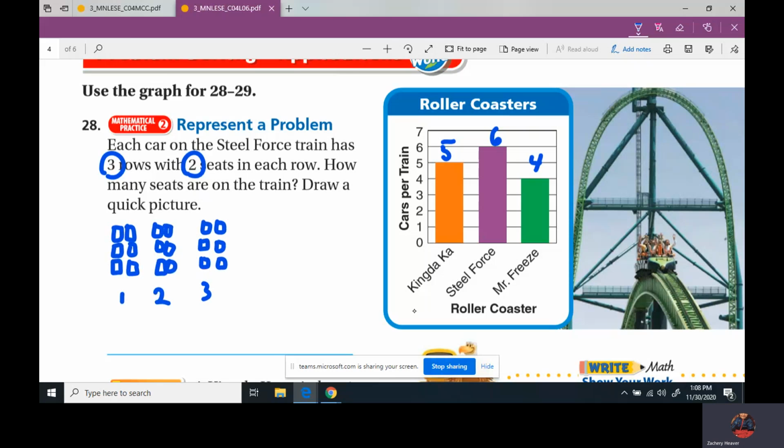Car 3. Car 4. Car 5. And car 6. So this is the Steel Force.